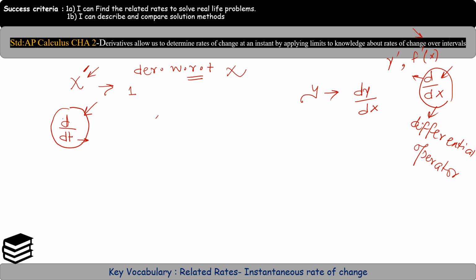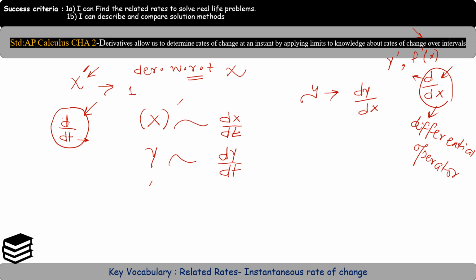So what will be the derivative of x? The derivative of x can be written as dx by dt. Similarly, how can you write the derivative of y? The derivative of y with respect to time will be written as dy by dt.